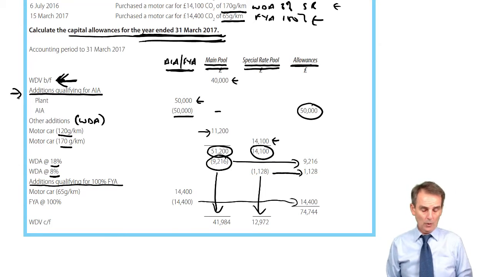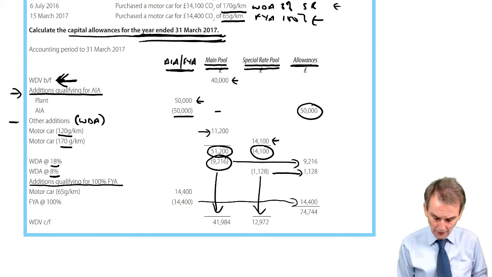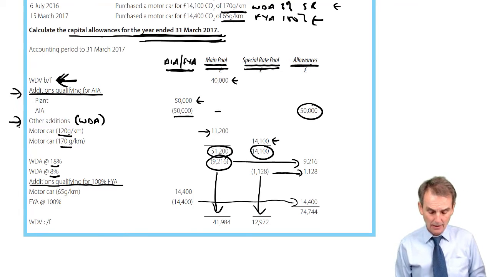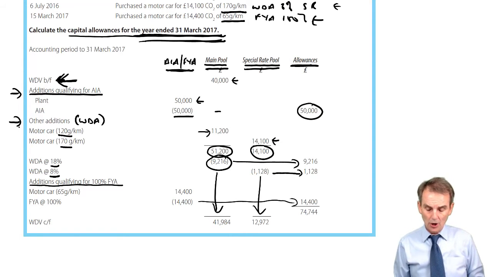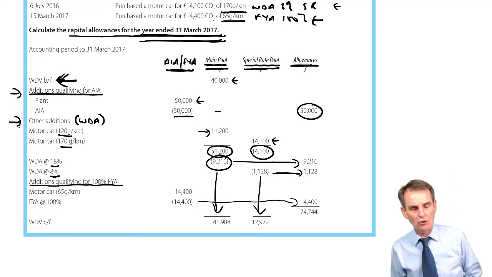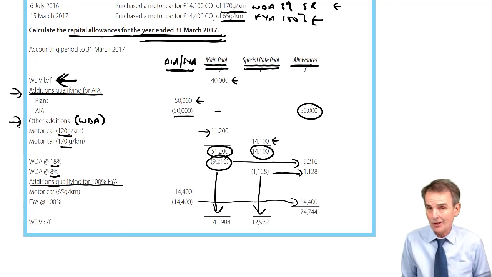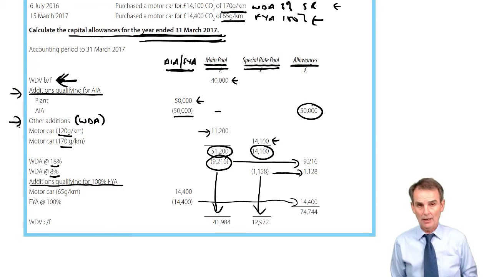Having dealt with the additions qualifying for AIA, your other additions for WDA, i.e. your cars other than low emission. Where do they go? Is it main pool? Is it special rate pool? Again, dependent on the level of CO2 emissions. That information, again, remember, is provided to you on your rates and allowances page.